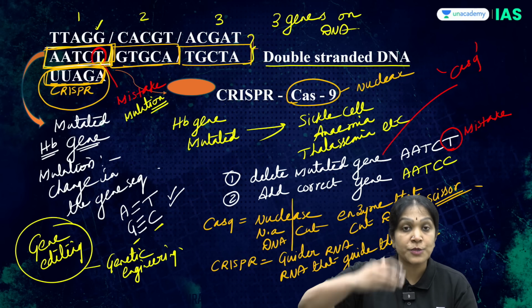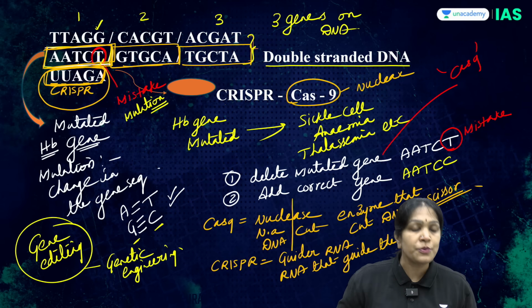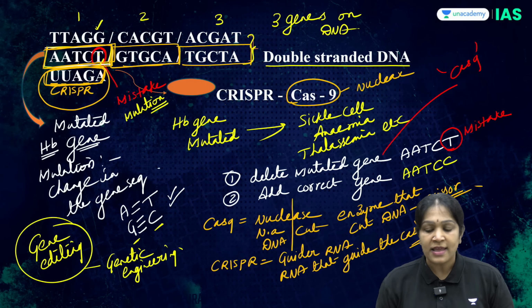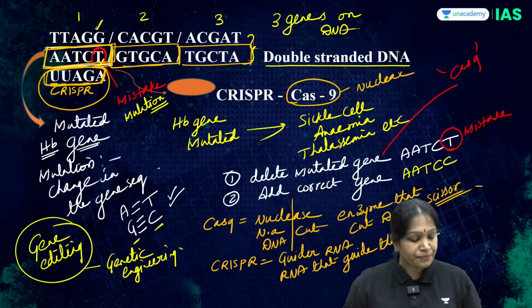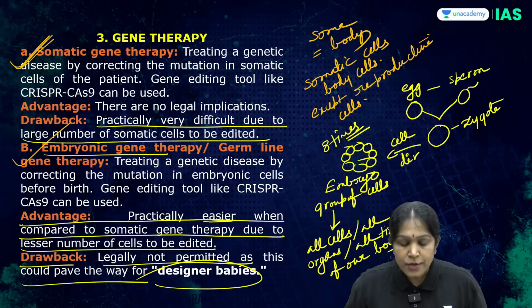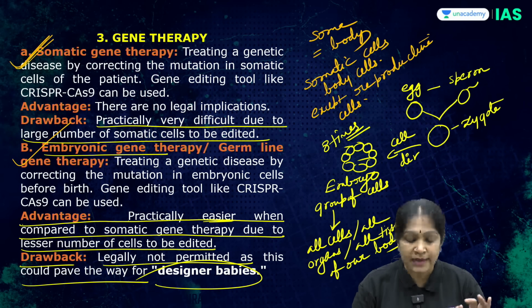In the rich countries, the population can afford designer babies. The population can become more intelligent, more capable. So this will create human inequality. We already have several types of inequality. This will add another source of inequality which we don't want. Is it clear? So that is the reason why embryonic gene therapy is not legally permitted.